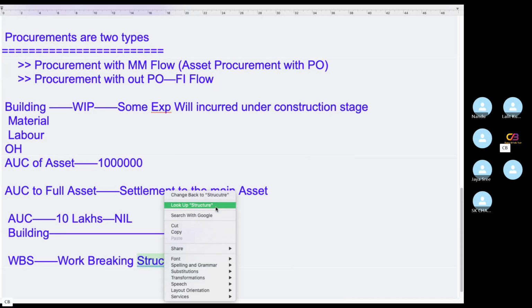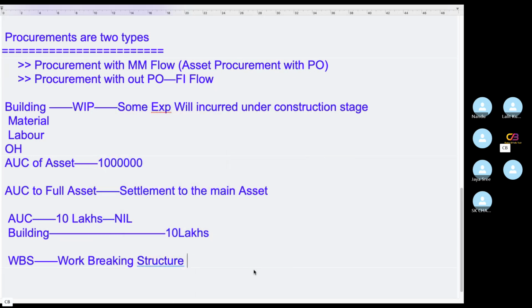This comes under the PS module, Project System. Through WBS we can capture project cost as well as revenue.